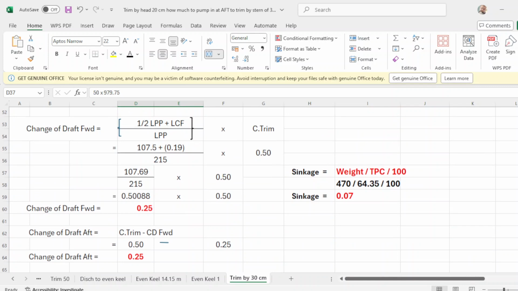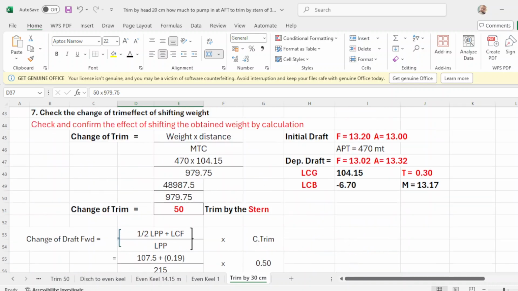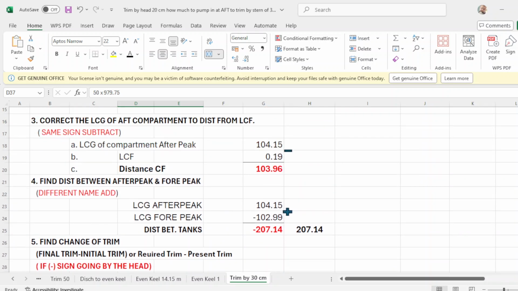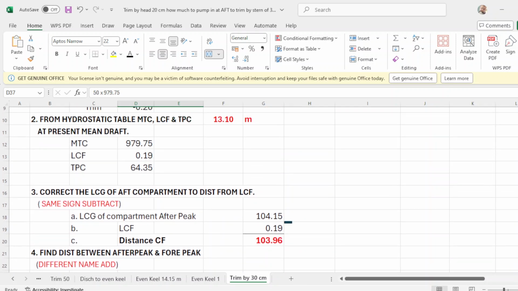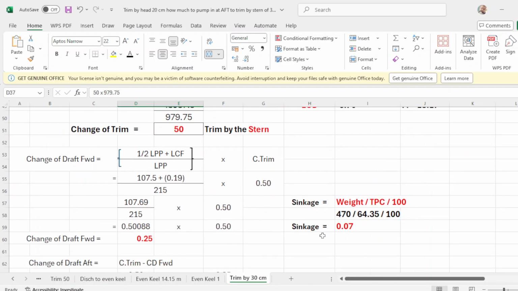Sinkage is weight of 470 divided by your TPC of 64.35, divided by 100, and your sinkage will be 0.07 meters.